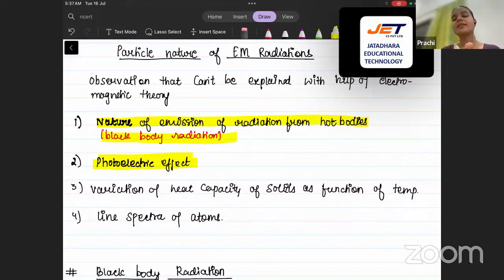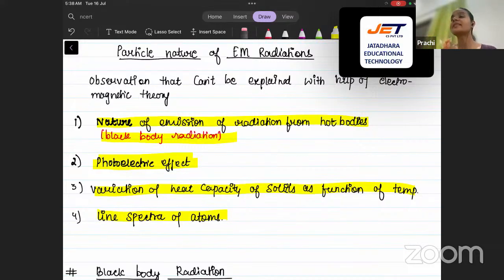The other things that were not explained are the variation of heat capacity of solids as a function of temperature, and the line spectra of atoms, especially hydrogen. We will learn about the spectra of hydrogen. So now you should know that light behaves both as a wave and as a particle.